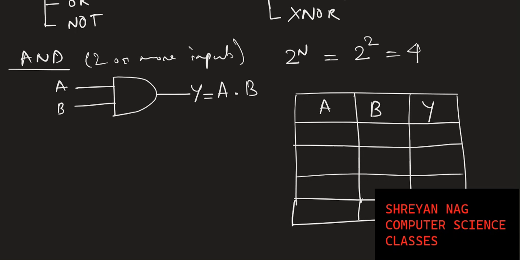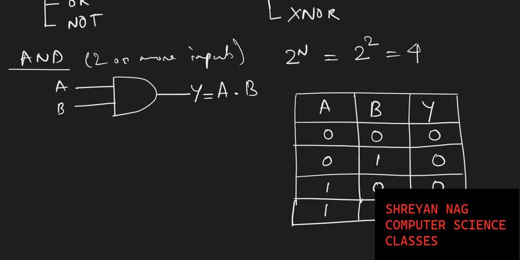From the very right, we write 0 1 0 1, then 0 0 1 1. Now it is multiplying. So 0 times 0 is 0, 0 times 1 is 0, 1 times 0 is 0, and 1 times 1 is 1.